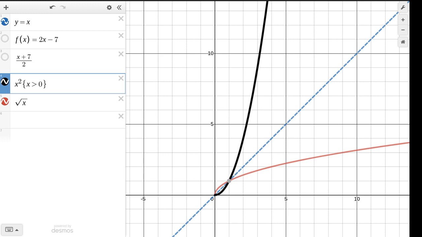The 7's cancel, leaving me 2x over 2, or x. So I pass this test. Inverses are things that if we compose a function of its inverse, we get x back, just x, nothing else. And if I compose the inverse of its original function, I get x back and nothing else. That's how we test to make sure an inverse works.